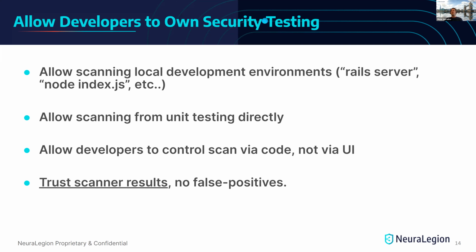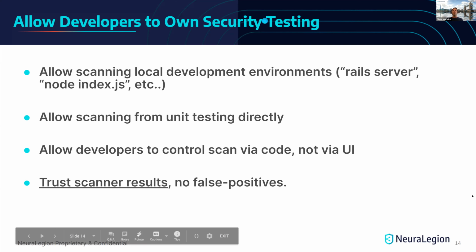And again, it's really about trusting the results that your scanner has and removing the false positives. Developers don't want the noise. It's the second time I've mentioned false positives, and I will mention it again because this really is a fundamental issue when it comes to security testing, and is actually a big blocker in itself to enable you to start shipping secure product into production.